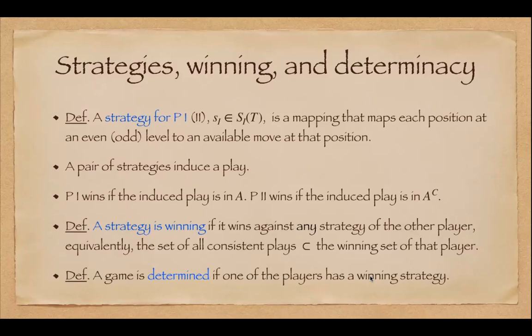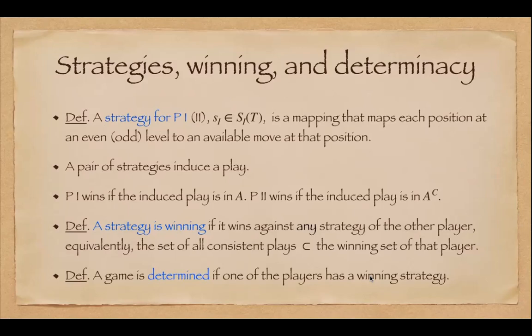But it doesn't mean that the strategy of that player is a winning strategy. A winning strategy is a stronger condition. A winning strategy is a strategy that wins against any strategy of the other player. Or equivalently, a winning strategy is a strategy such that all the plays which are consistent with that strategy end up in the winning set of that player.